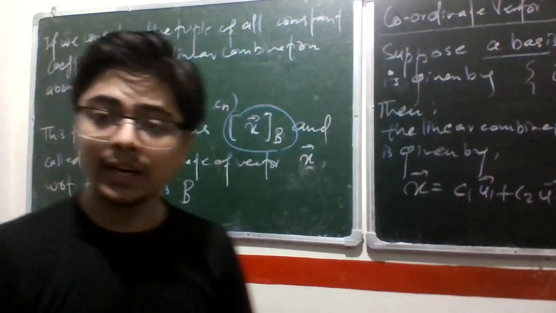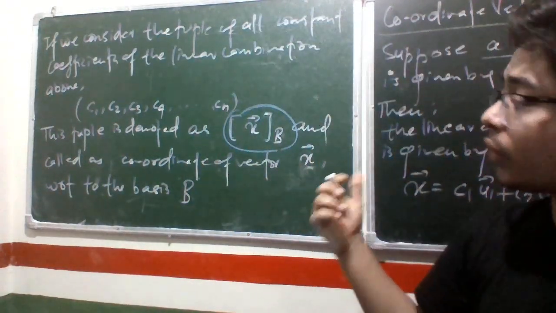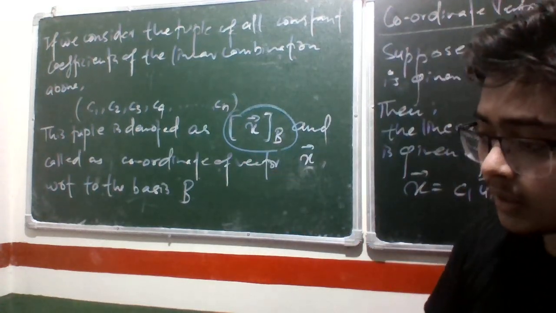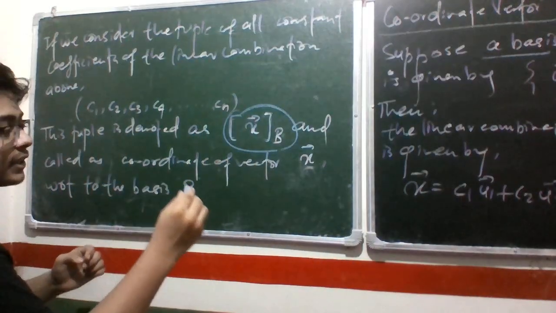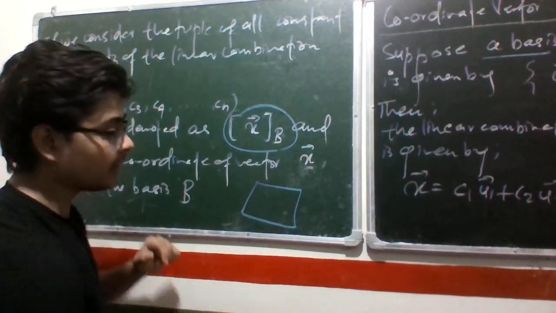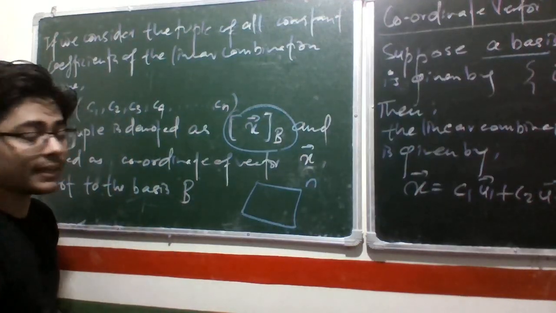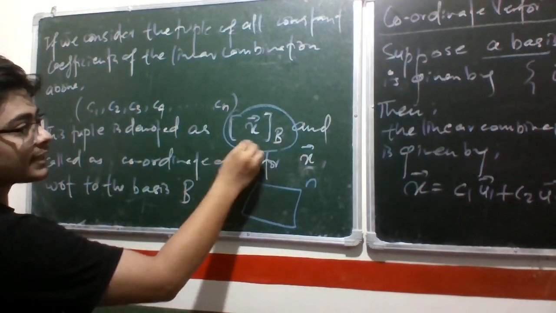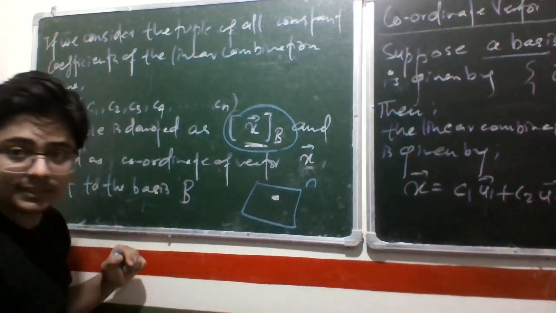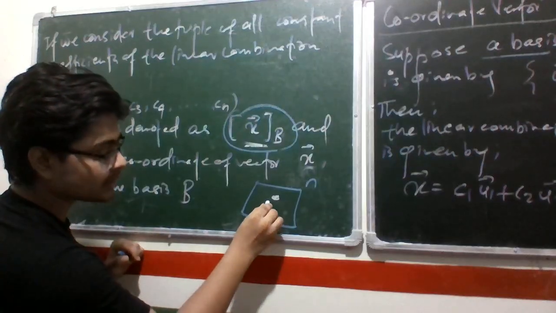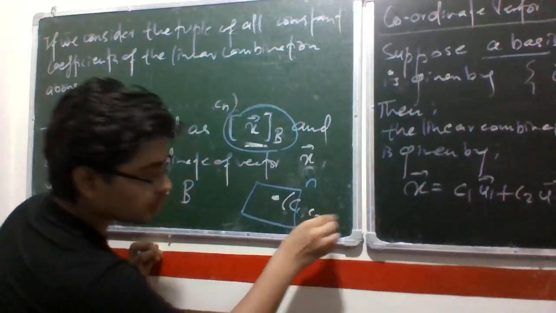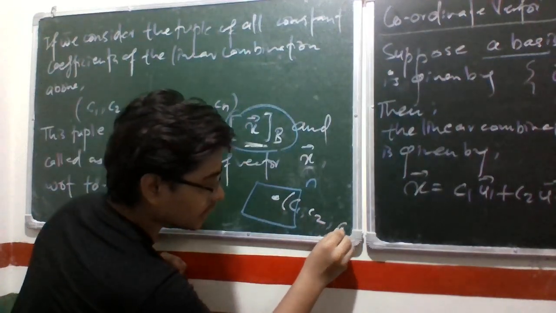So we can think of the coordinate of a vector like this: if you consider a two-dimensional plane, let's suppose this plane is actually not the two-dimensional plane but an n-dimensional plane. Then we can think of the coordinate of a vector as a point in the space, which is denoted by not only two coordinates but n coordinates.